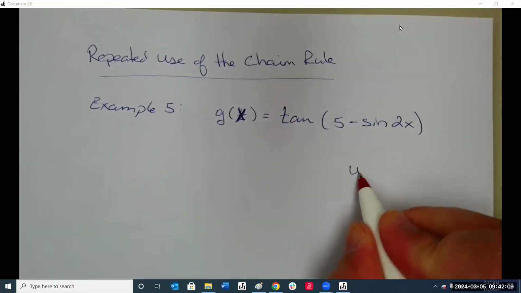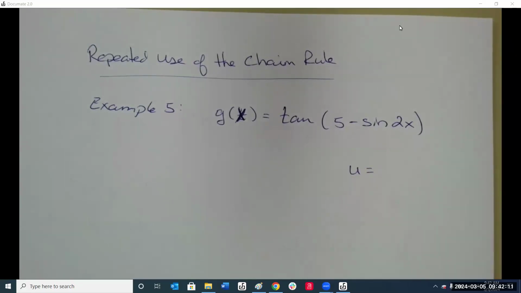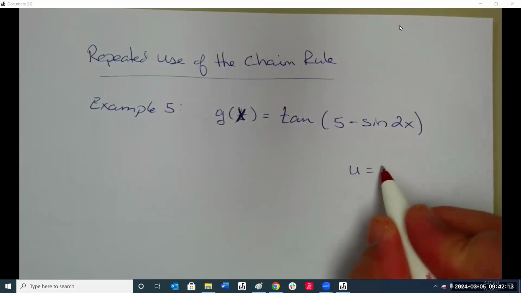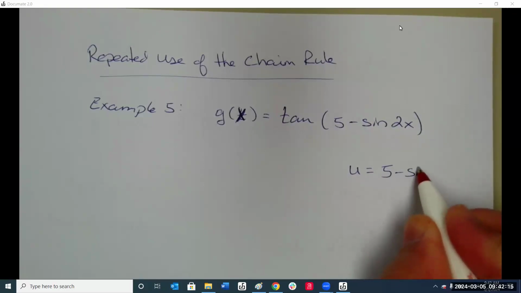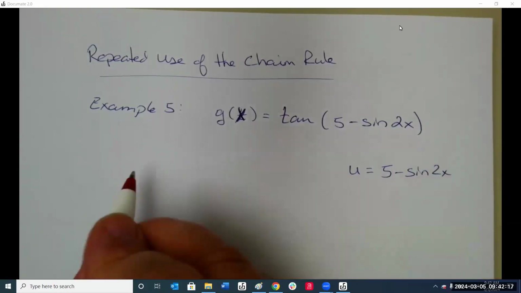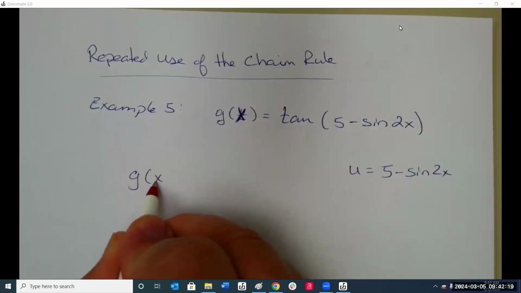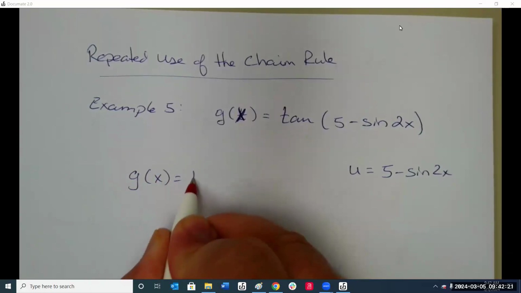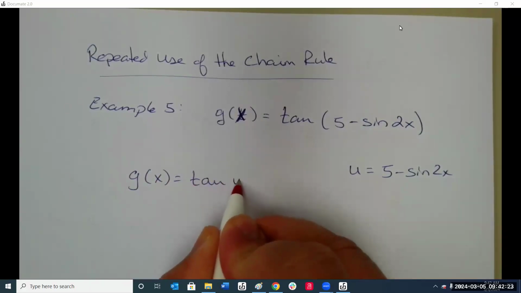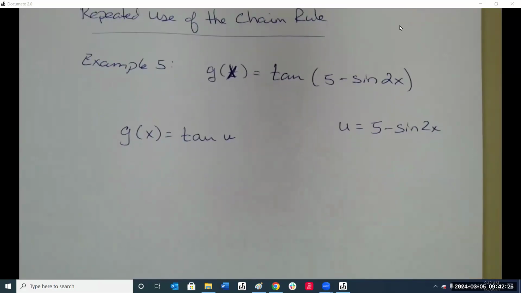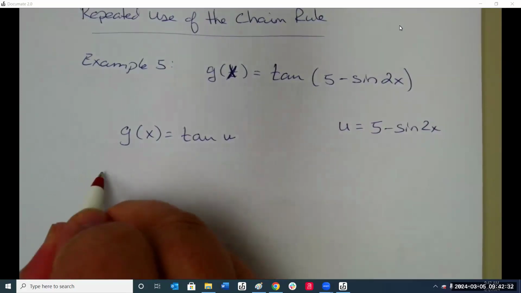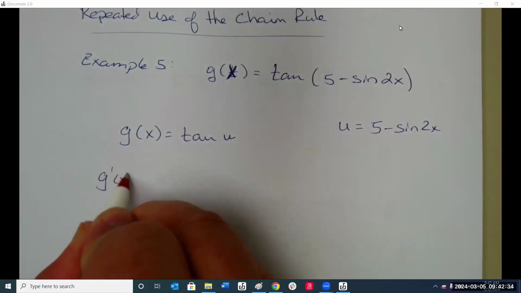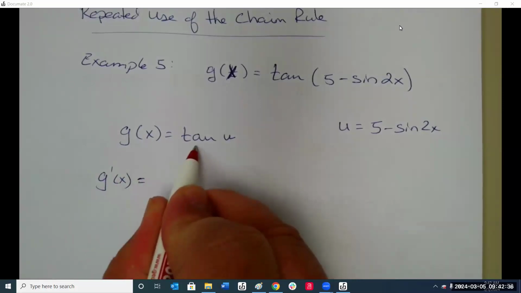What is our u going to be? 5 minus sine 2x. So our derivative, what's the derivative of tangent?